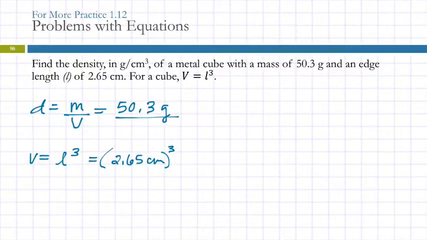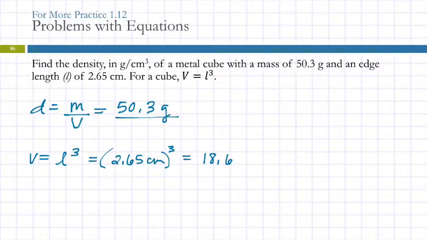So on my TI-36X Pro, I'm going to do 2.65, and then I have an x to the square button, and then I'm going to put the exponent in there, 3 equals. And this is going to give me 18.6.